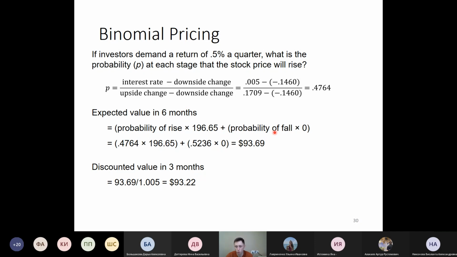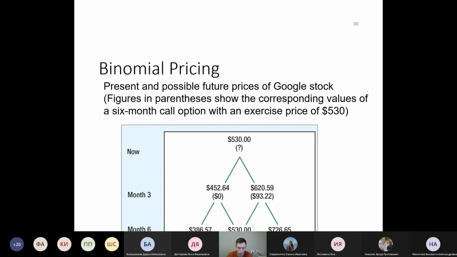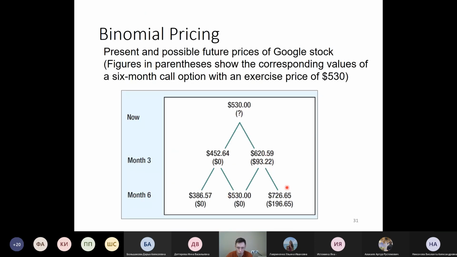Then probability of fall, but in this case the value of the option is 0, and this is how we get this amount. Then we have to discount it in order to get the value that we have here. So we made one step back in order to have the value of the option at this point, and then we do it again.